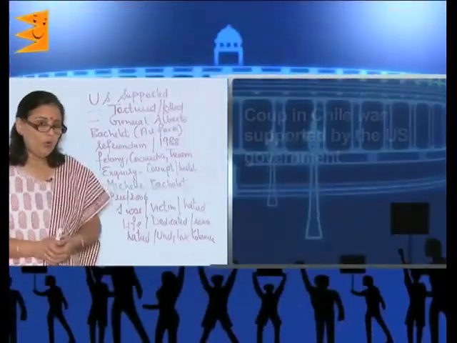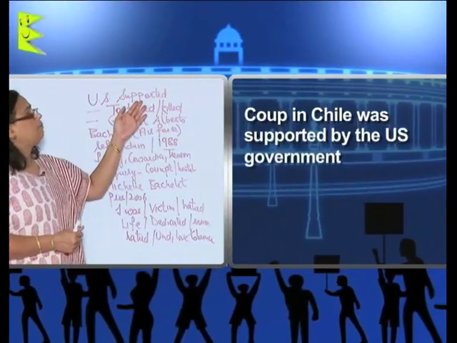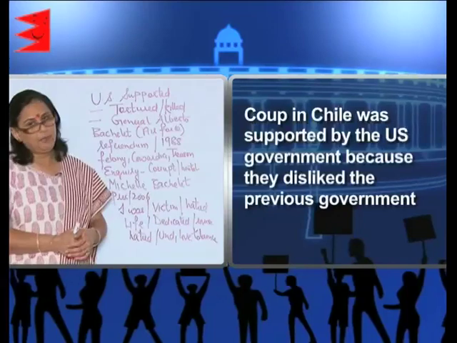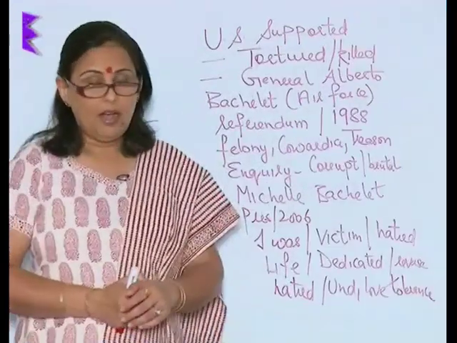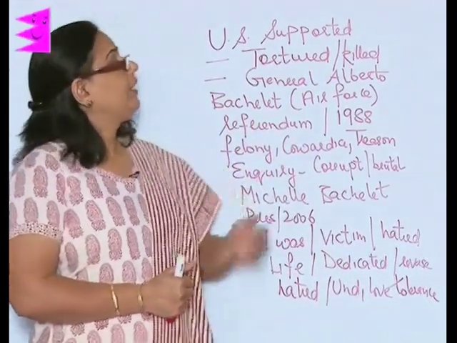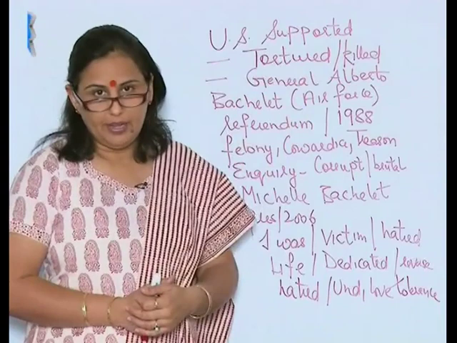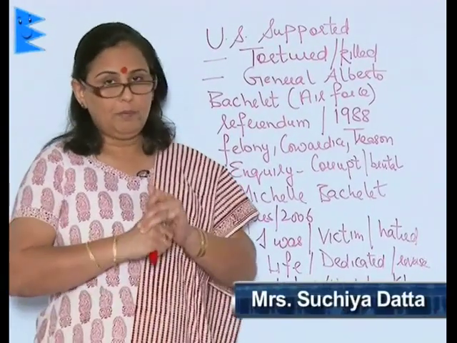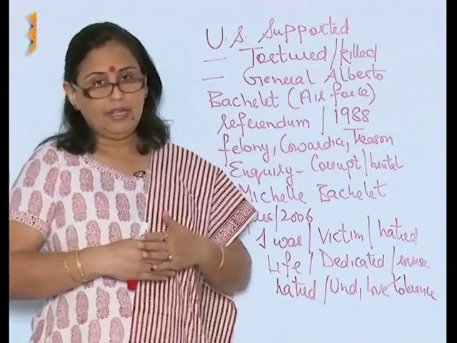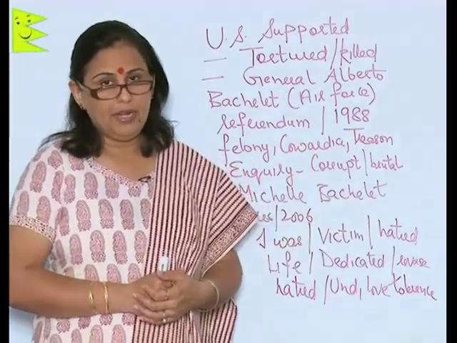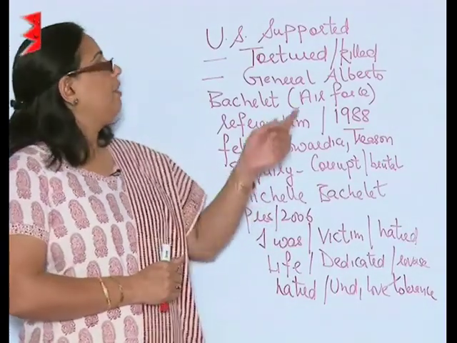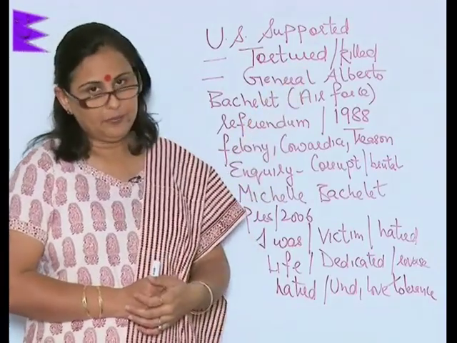Now, this coup in Chile was supported by the US government because they disliked the previous government. And after the dictatorship was established in Chile, certain measures were taken: all those who supported the previous government, and the people who opposed the present government, were tortured and killed.